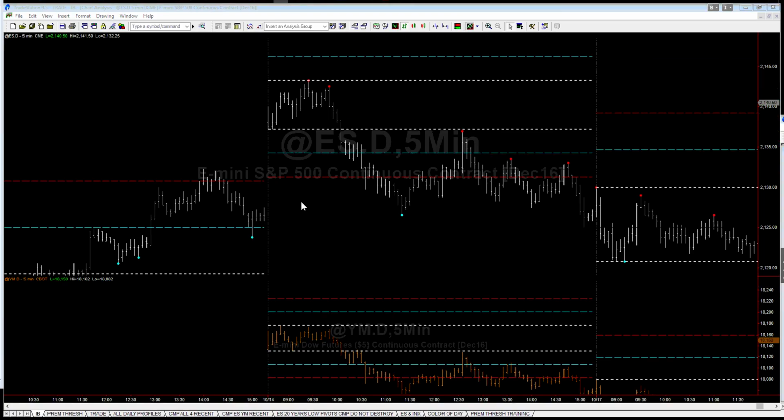Going back in time to 1014, you had a real nice home run down to this first level and even exceeded that and continued to move down thereafter. So let's take a look at how the indicator performed using both of these threshold levels shown here.